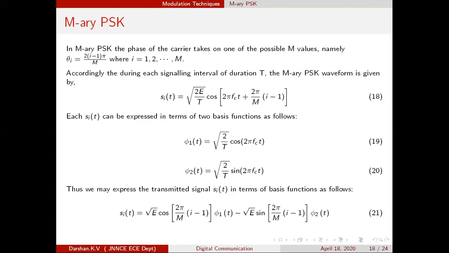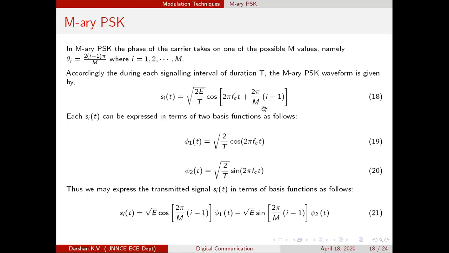So how many basis functions do you need to represent the signal? We are having two basis functions, which are written as phi1(t) and phi2(t). Now express equation number 18 using the cos(A + B) identity: root(2E/T) cos(2π fc t) cos((2π/M)(i − 1)) minus sin(2π fc t) sin((2π/M)(i − 1)).